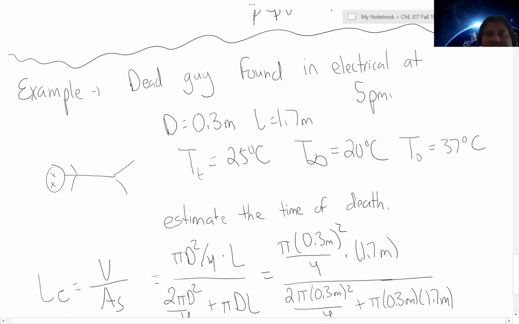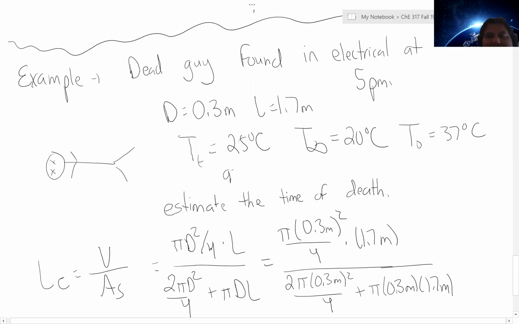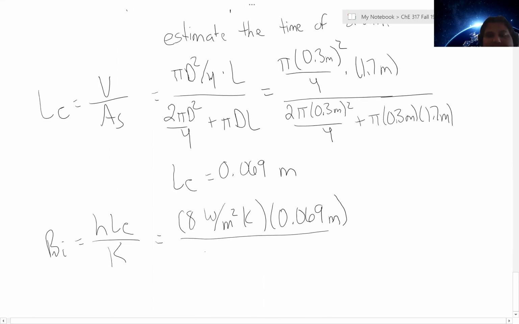So we're going to assume k is approximately 0.617 watts per meter Kelvin. If we do that, we find that the Biot number is approximately 0.9.